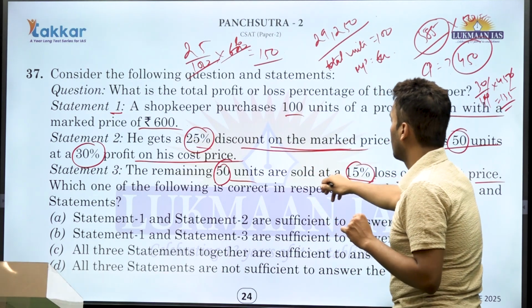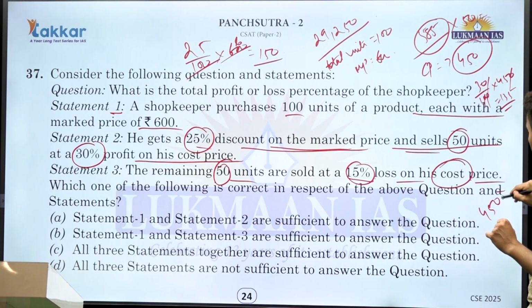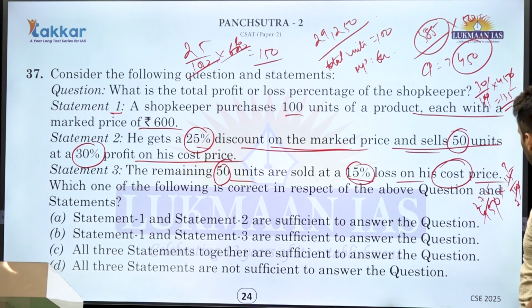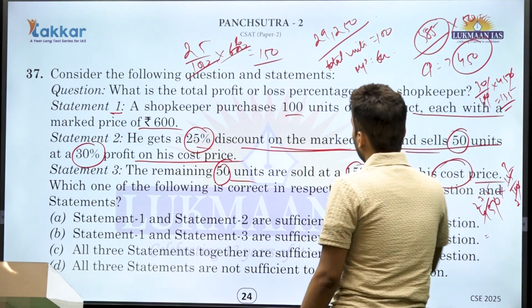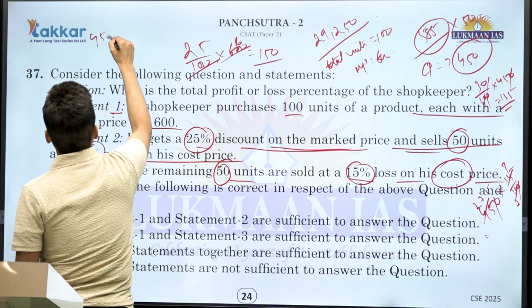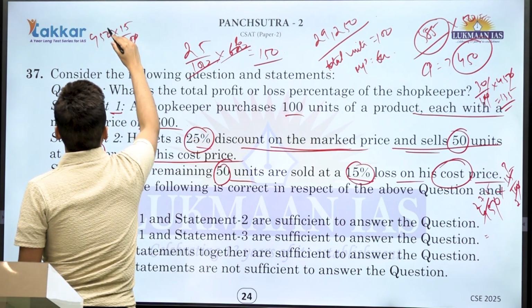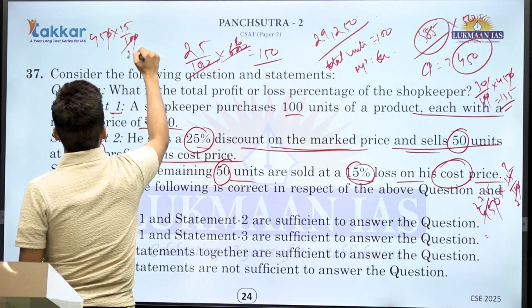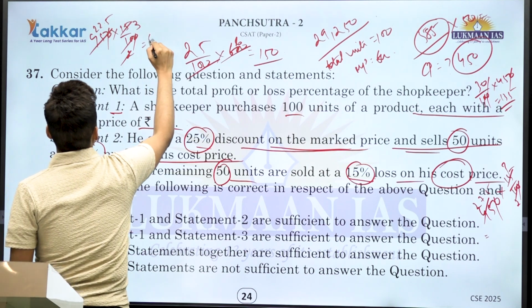Now the remaining 50 units are at a 15% loss on the cost price. Cost price we know, 450 into 15 by 100. How much will it be? 450 into 15 by 100, that is 67.5.